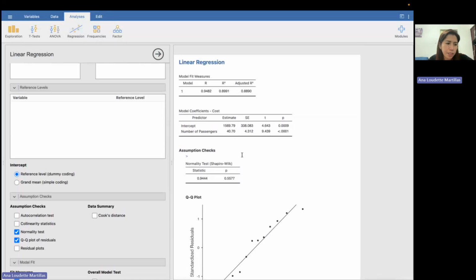So that is the predicted cost. Meaning, this will be the predicted cost for the passengers.